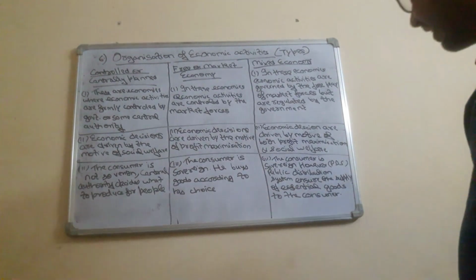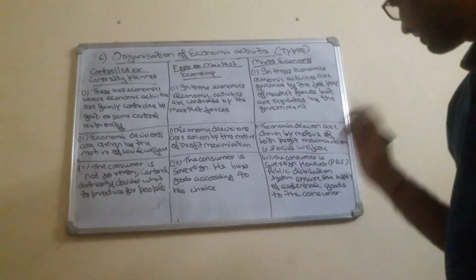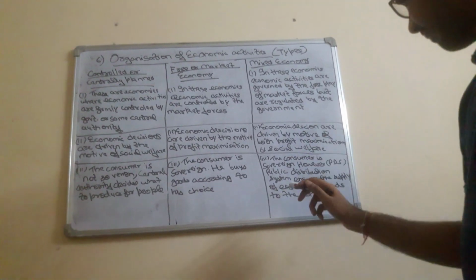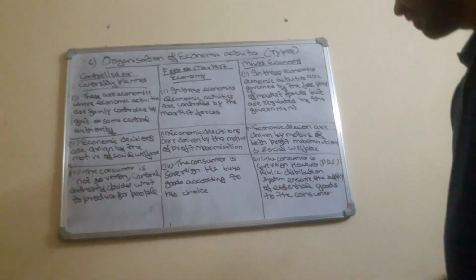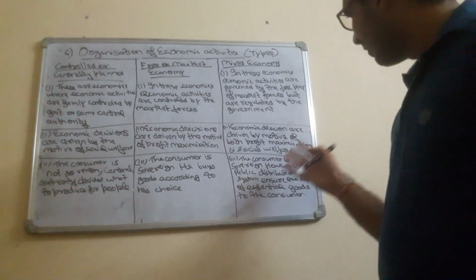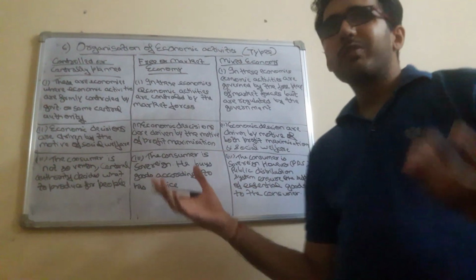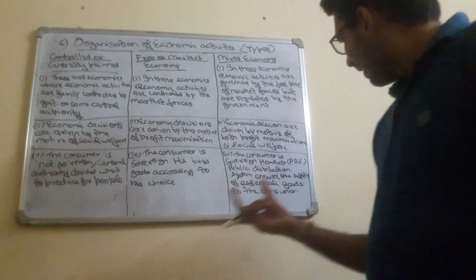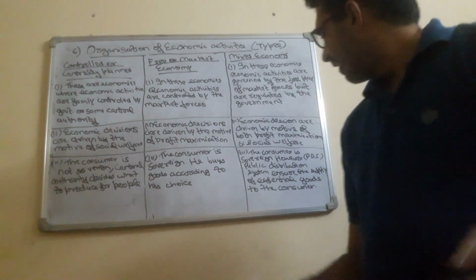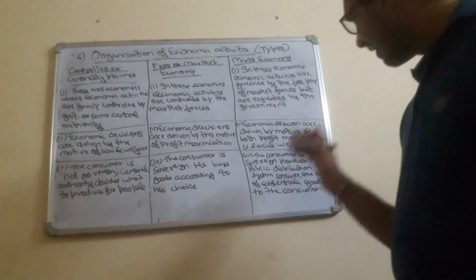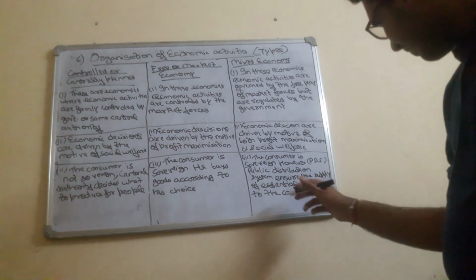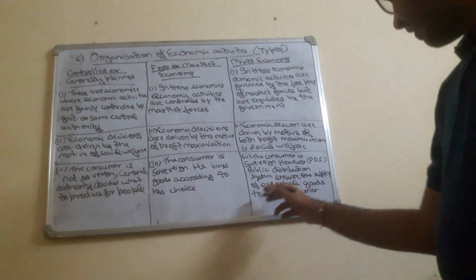And in mixed economy, the consumer is sovereign here also. Here the consumer is the master, but public distribution system ensures the supply of essential goods to the consumer. In the private sector, the consumers are sovereign, so they can produce whatever they want, but for essential commodities like some type of food that are needed for the people, the public distribution system PDS ensures that they are available for the consumer.